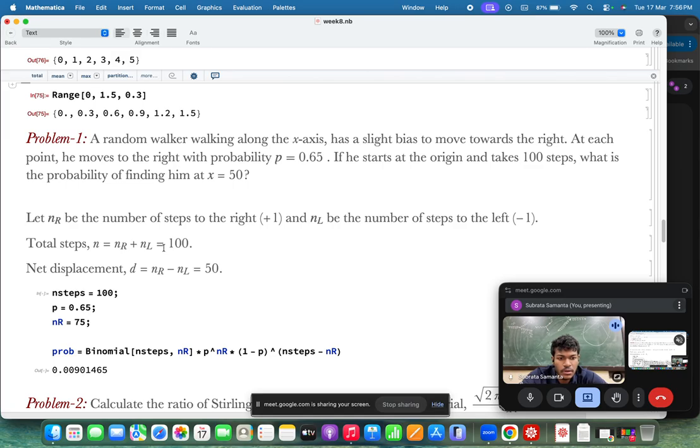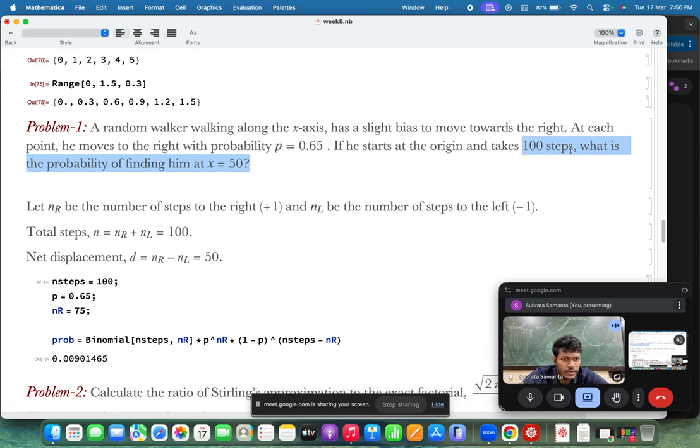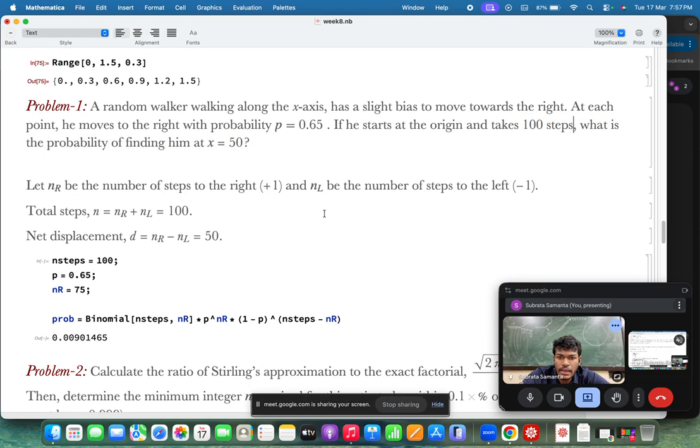I do not know how many steps are on the right or on the left, but the total is 100. My net displacement is x equals 50, in the positive direction, so NR minus NL.